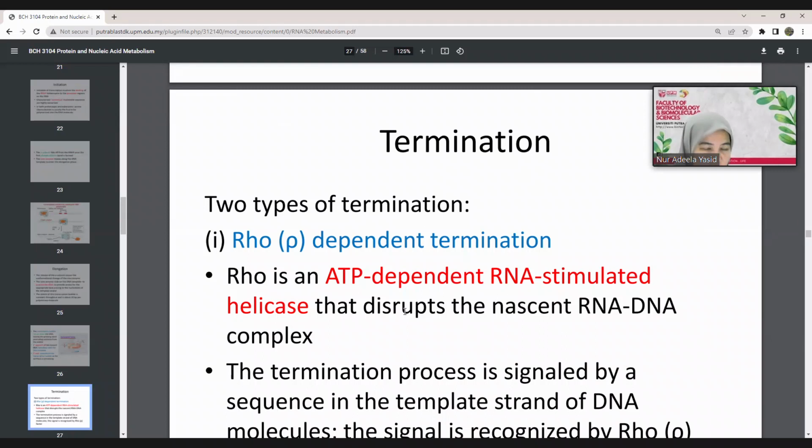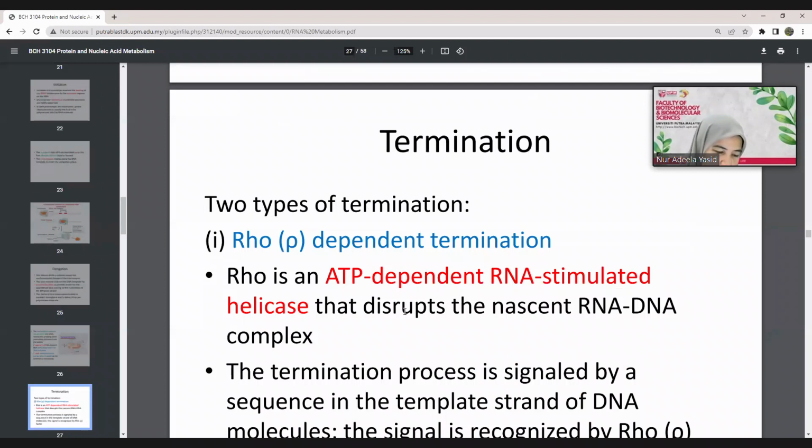Now, once a gene is transcribed, the RNA polymerase needs to be instructed to dissociate from the DNA template and liberate the newly made mRNA.